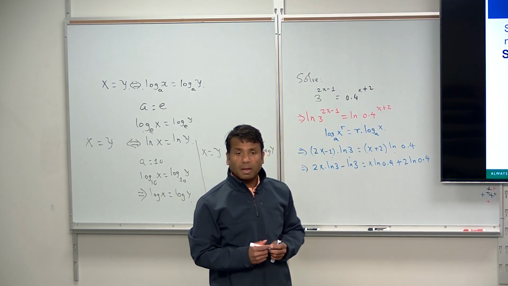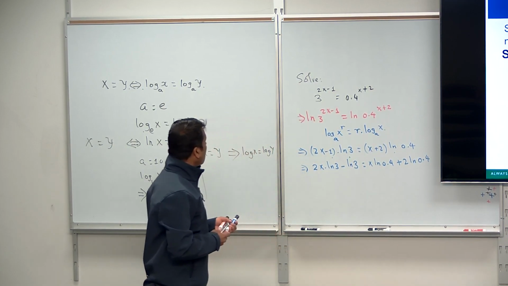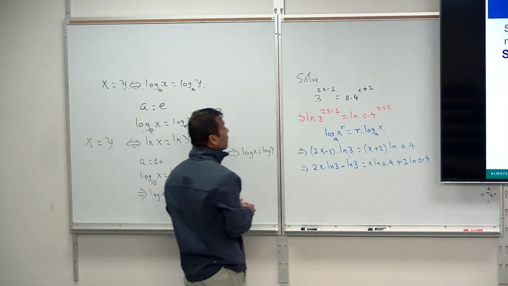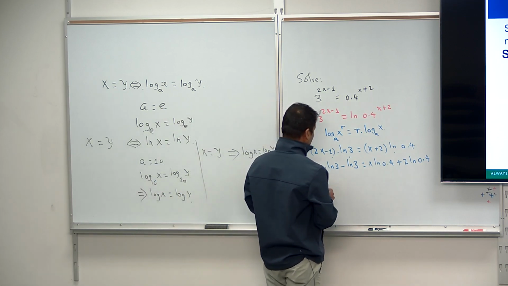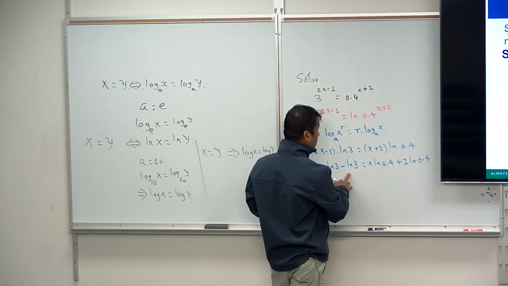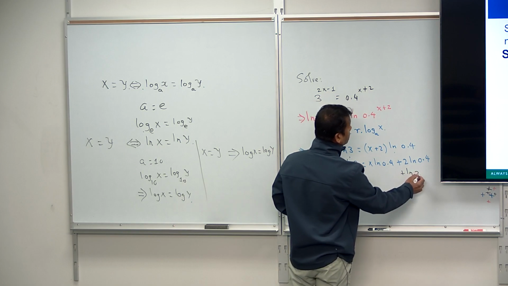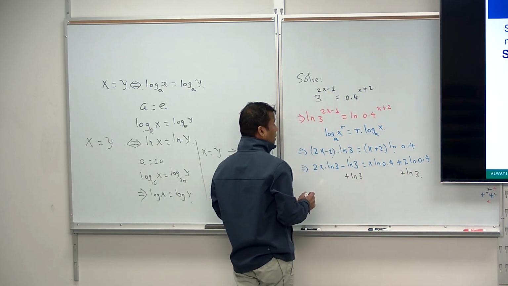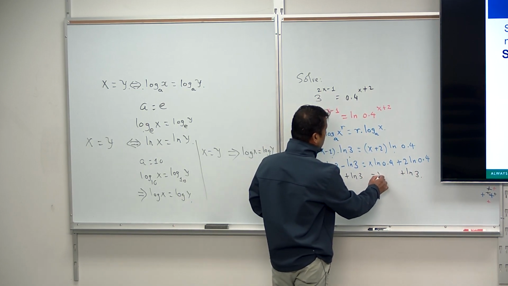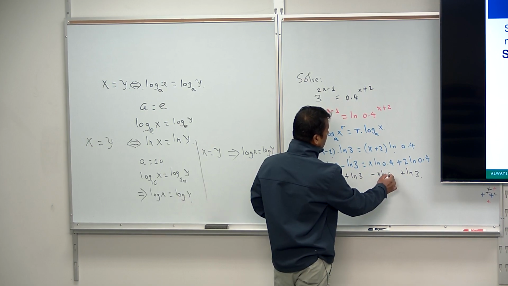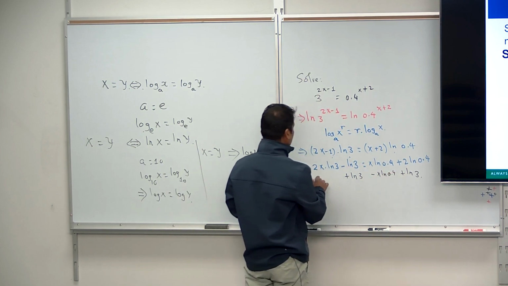And then you group the x terms. Let me move this to the right side. So you add ln 3 on both sides, and you subtract x ln 0.4.